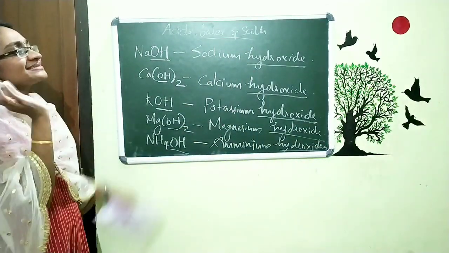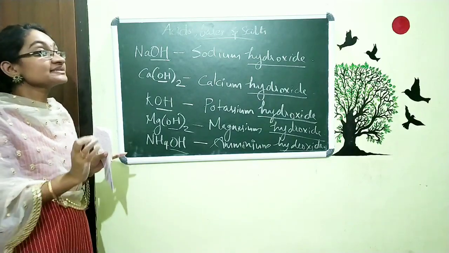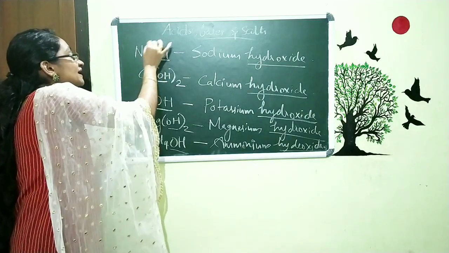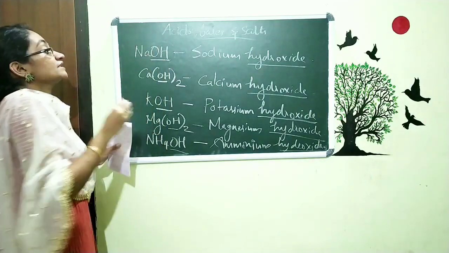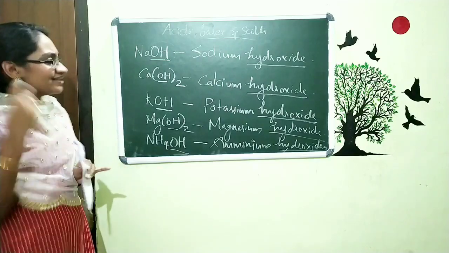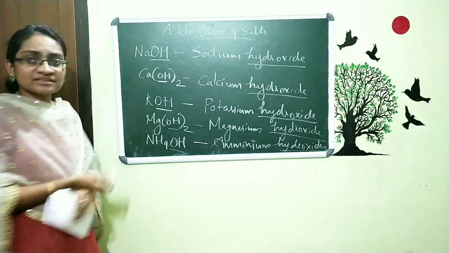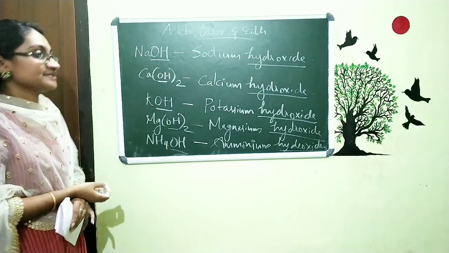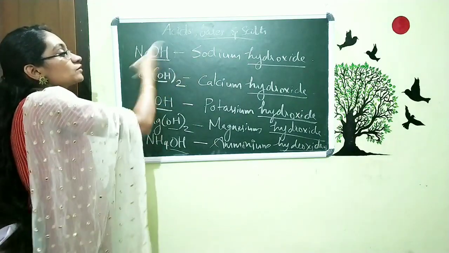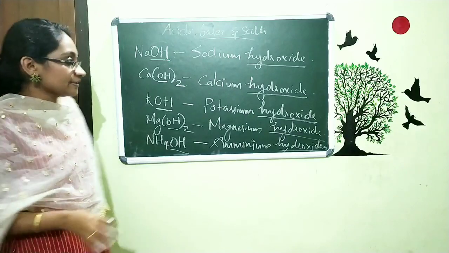So when you see hydroxide in the chemical name, you can say it is a base. So we can say for the base, in its definition, it has OH minus ion. Now you just focus here. When they have OH, then we can say it is a base. And you want to study the names and also the chemical formulas. Then only you can write the equations and all.